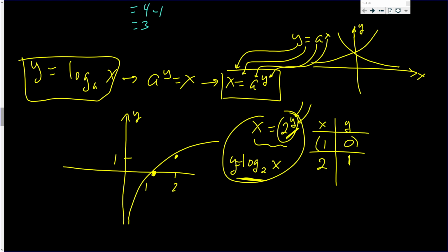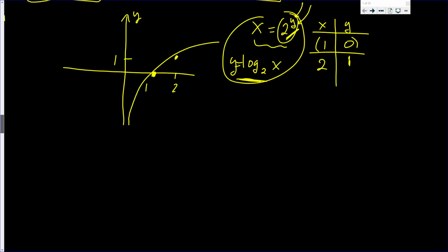What if I wanted to graph y is equal to log base 1/2 of x? That number is less than 1, and of course that number was bigger than 1. Should you go and remember if this is bigger than 1, it graphs like this?